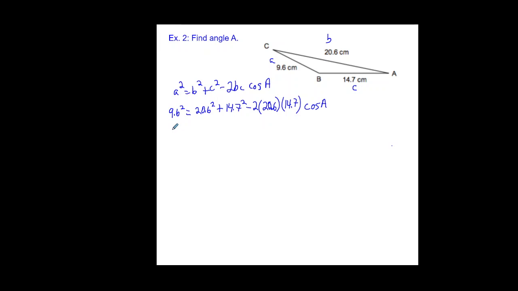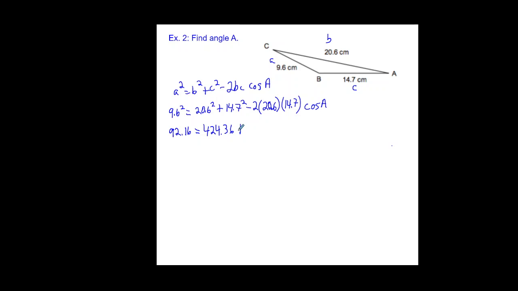We'll square this 9.6, and that will give us 92.16. We'll square the 20.6, which will give us 424.36.